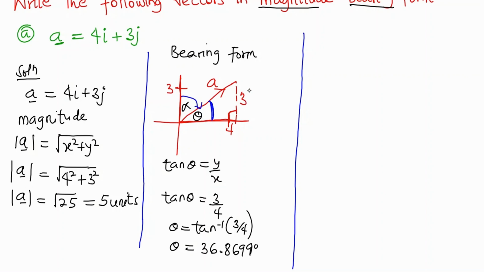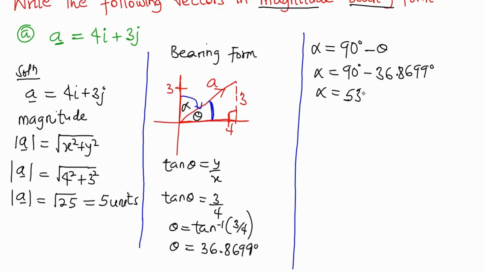So the bearing, alpha, is equal to 90 degrees minus 36.8699 degrees, which gives 53.1301 degrees. This becomes the bearing of the vector.